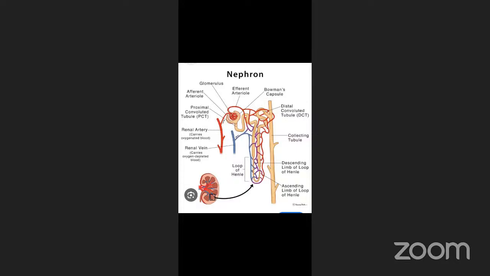Aldosterone is usually produced when there is what? Decreased quantities of salts within the body fluids. So it causes more reabsorption of salts back to the blood system. And that's how osmoregulation now comes in. Please get it clearly that way.